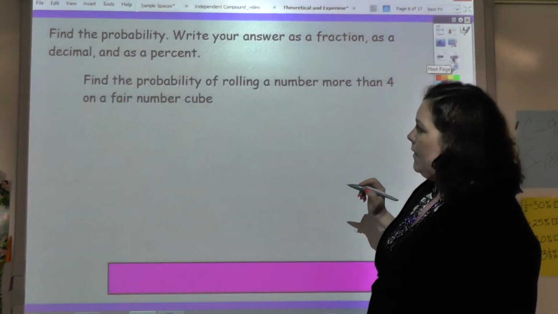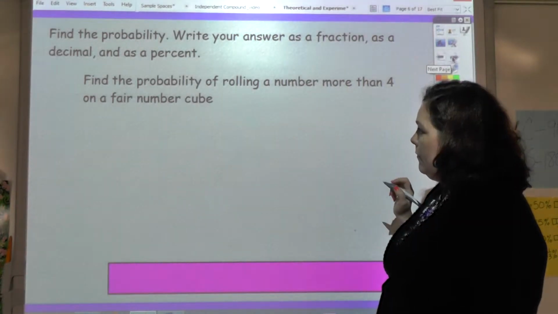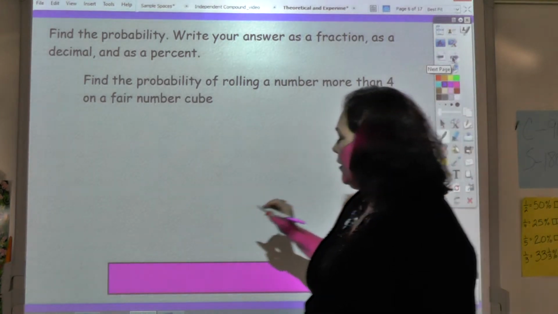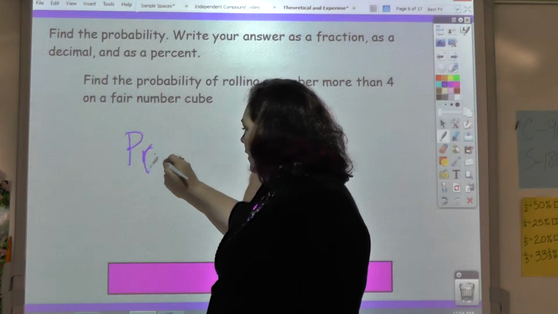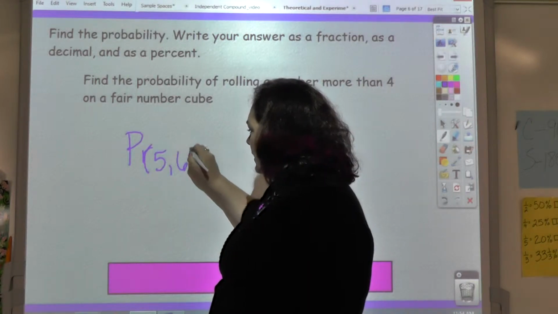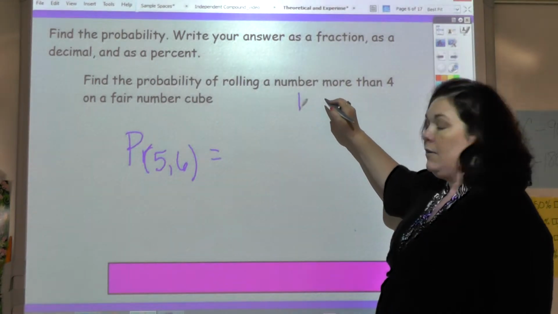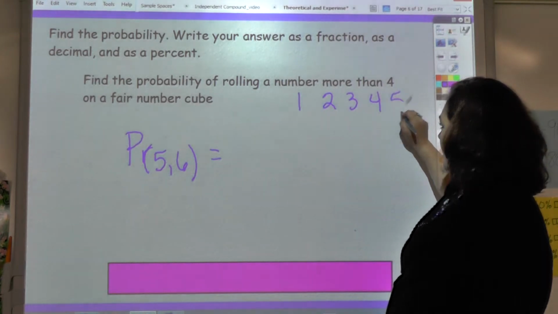Find the probability, write your answer as a fraction, decimal, or as a percent. Find the probability of rolling a number more than 4 on a fair number cube. So probability of a 5 or a 6 on a number cube. My number of outcomes for a regular number cube is 6.